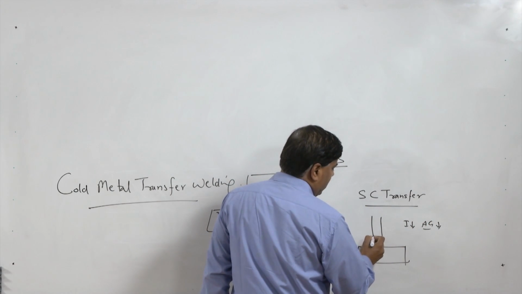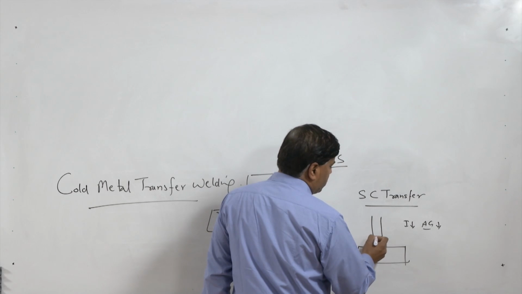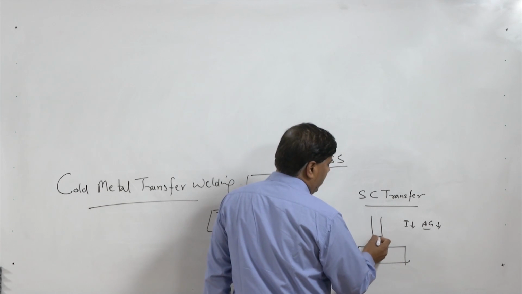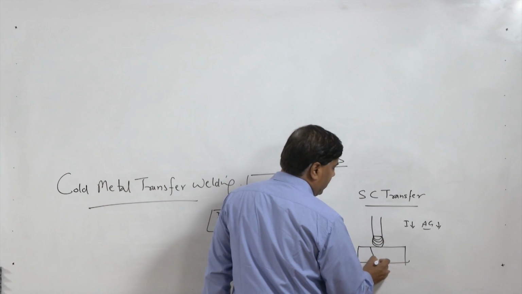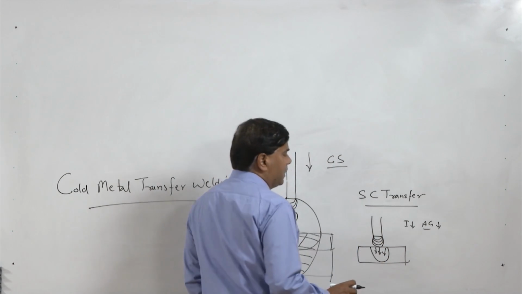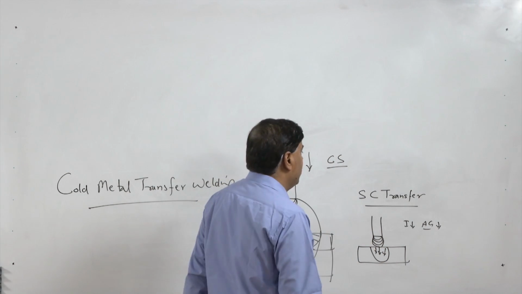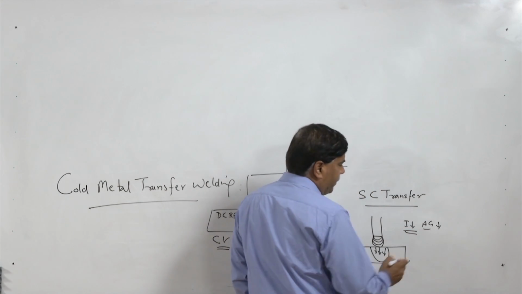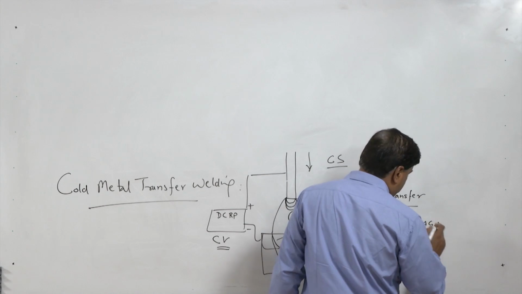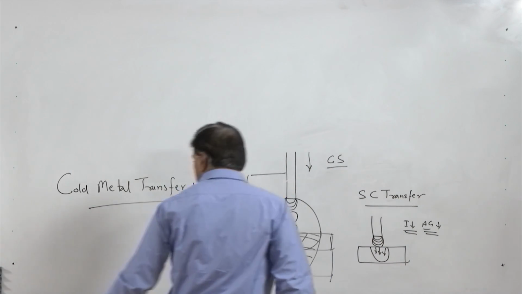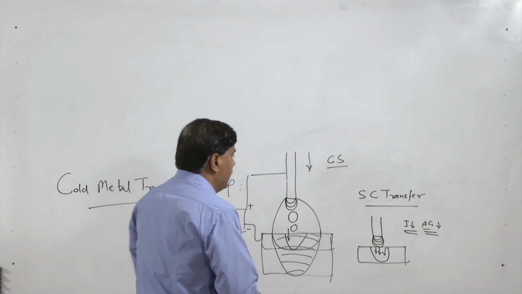So, the drop grows gradually, and as soon as it grows large enough, it touches the pool, and by the surface tension effect the drop gets transferred to the pool. So, this is called short circuit transfer. In this case, the welding current is very low and the arc gap is also very small. When the drop grows, it touches the pool and gets transferred to the pool.